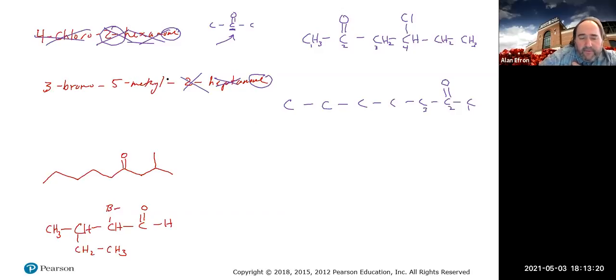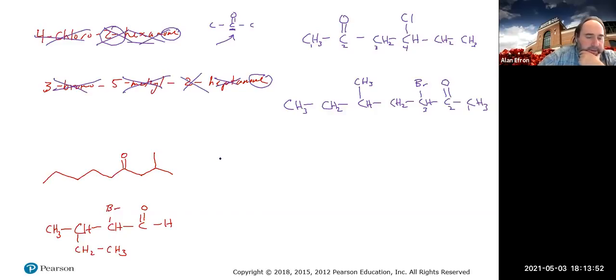That means carbon number 5 from there, 2, 3, 4, 5, should be a methyl group. And at carbon number 3, there should be a bromo group, which is a Br. Filling in everybody with the appropriate number of hydrogens gets us something that looks like this for the condensed formula. Any questions on that particular one there?